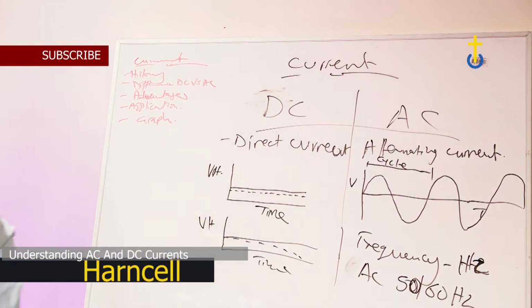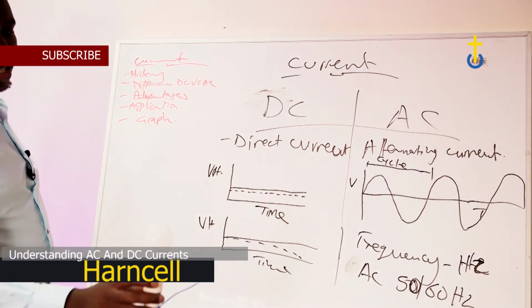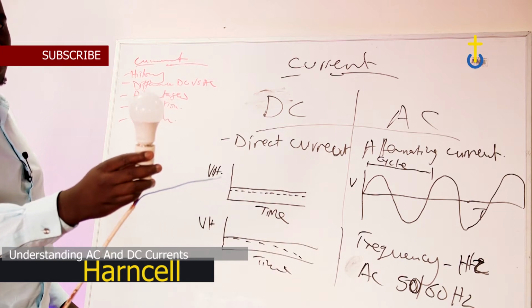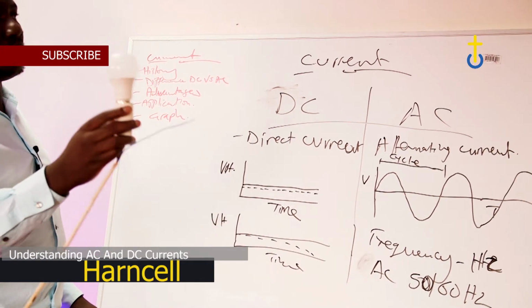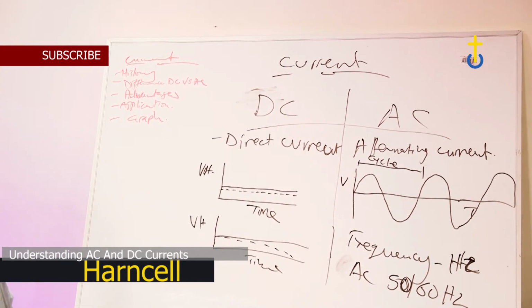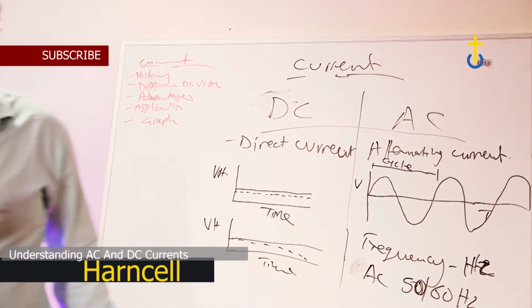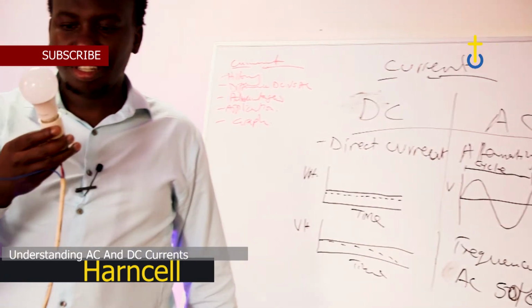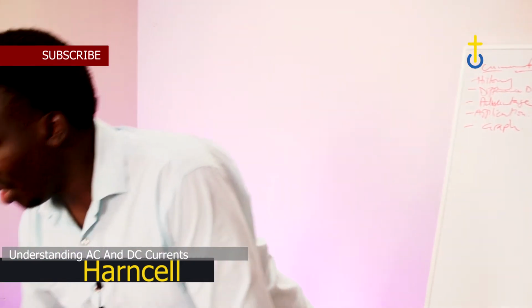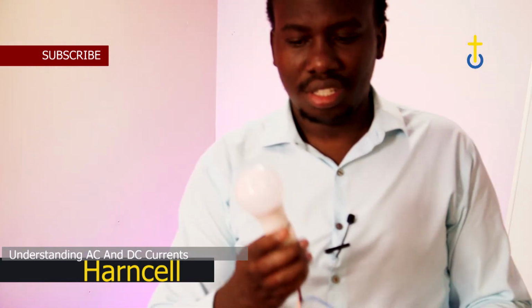I think I have a bulb here. This is a normal household bulb. It uses AC power, and most of the time you'll realize, I don't know if you can see, let me come closer to the camera so you can see.